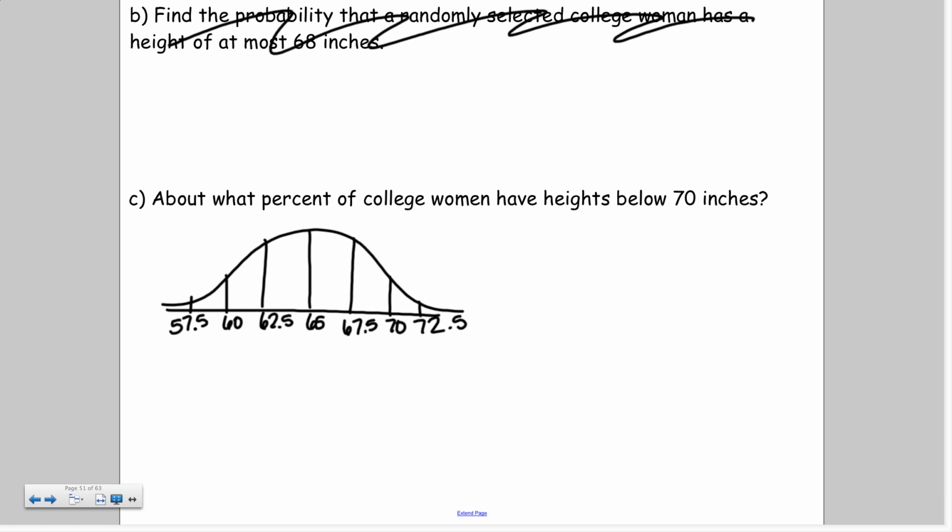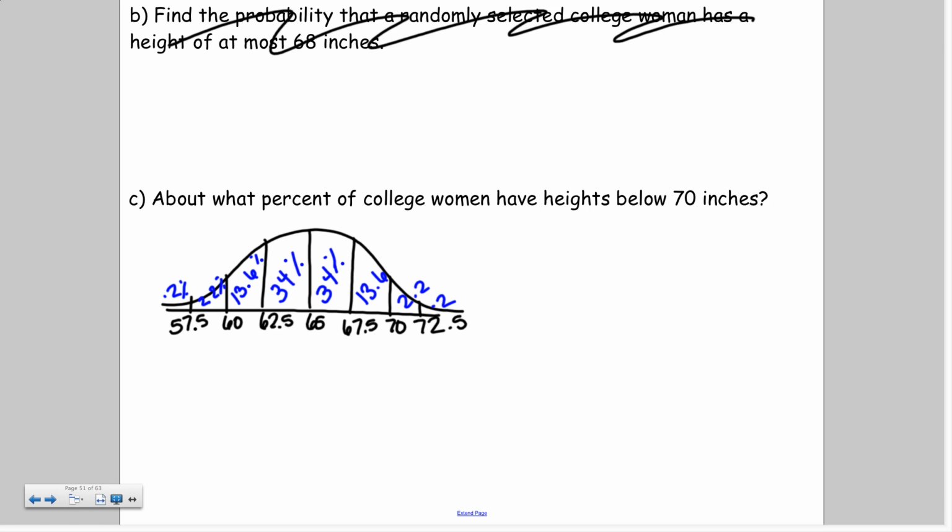Okay. And then, of course, our percentages: 0.2%, 2.2%, 13.6, 34, 34, 13.6, 2.2, and 0.2. Okay?